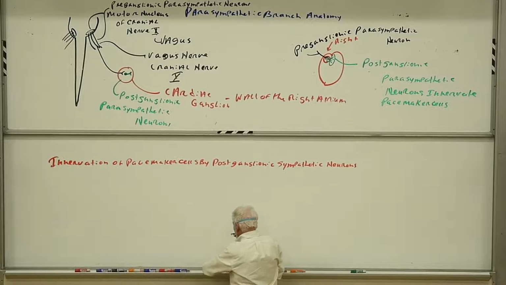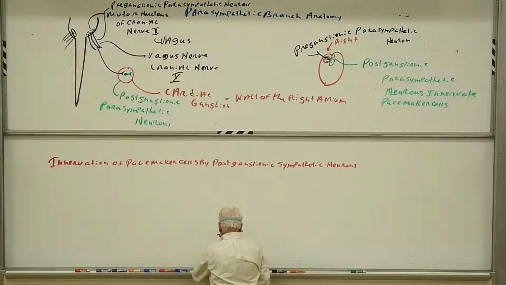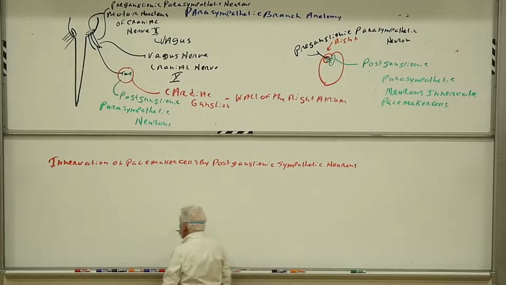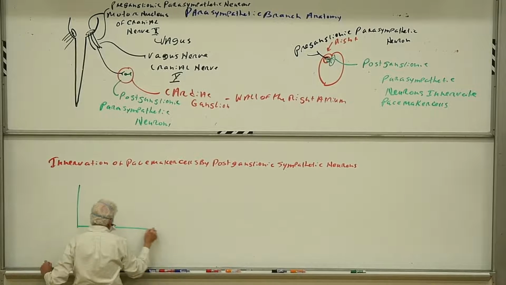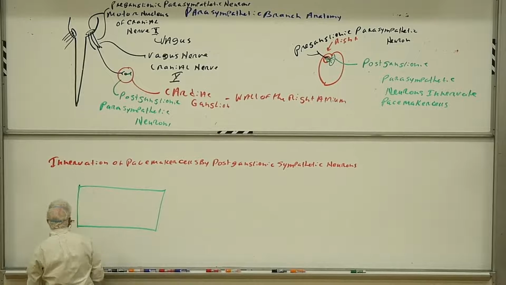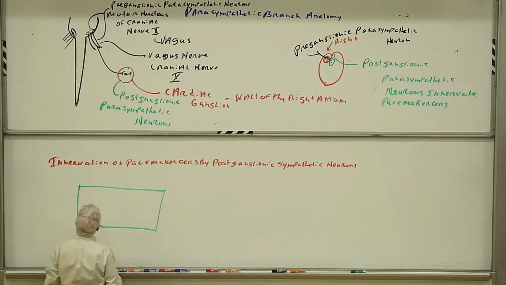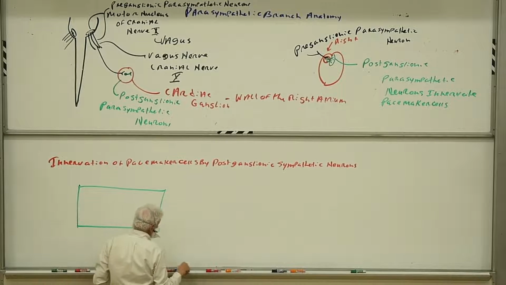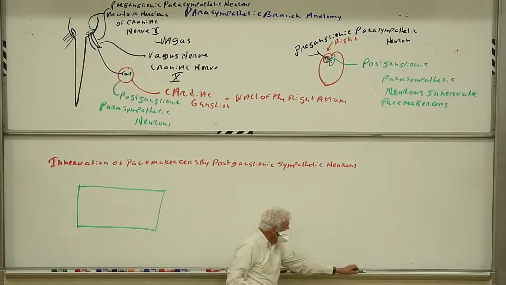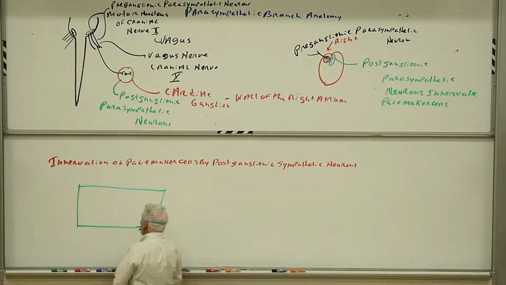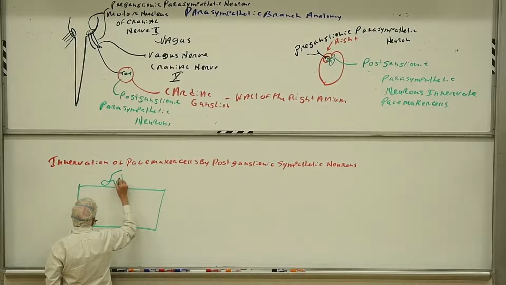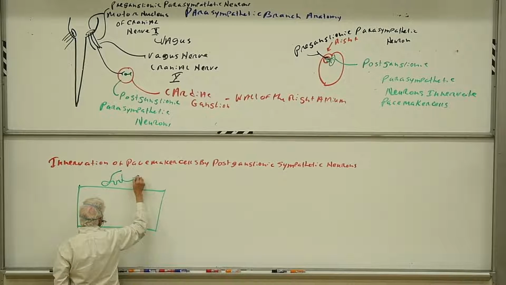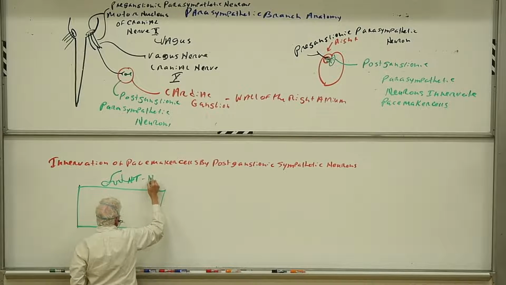And I'm going to take this pacemaker cell and show it in green because that's the form I used yesterday. We're going to imagine that there's this green neuron up here, this sympathetic neuron, and it's releasing neurotransmitter. Here the neurotransmitter is norepinephrine.